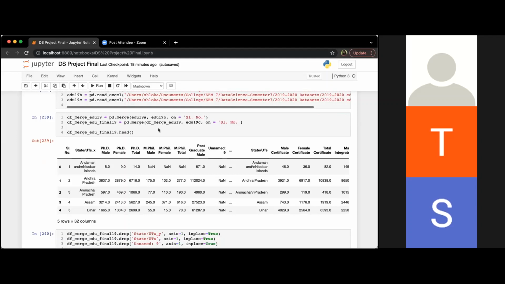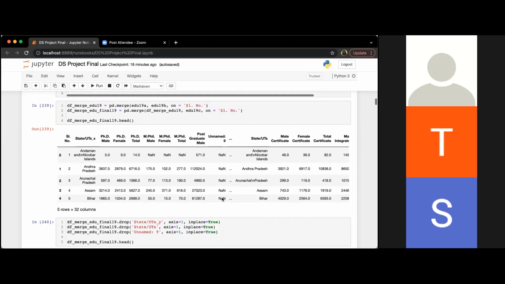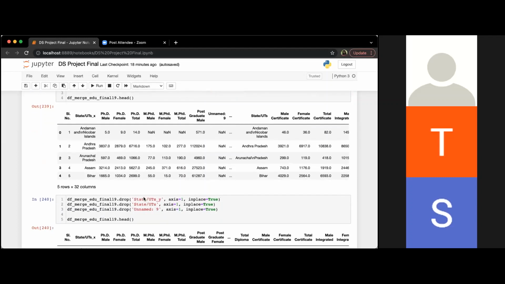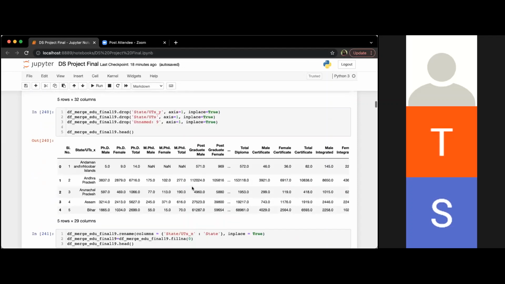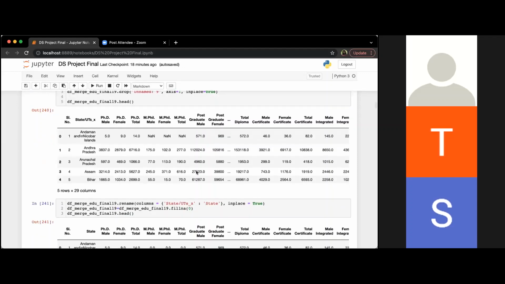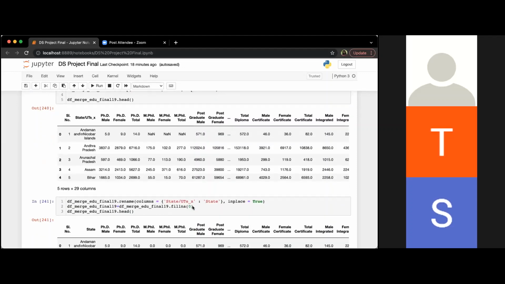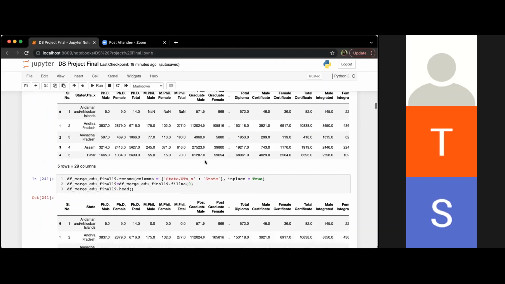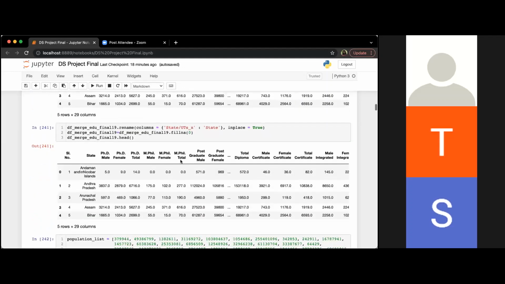Since we merged them based on serial number, we had duplicate columns for states and a few columns that had NaN values. So here we drop the duplicate columns and the NaN values, and finally we fill the NaN values with zeros and make our data usable.